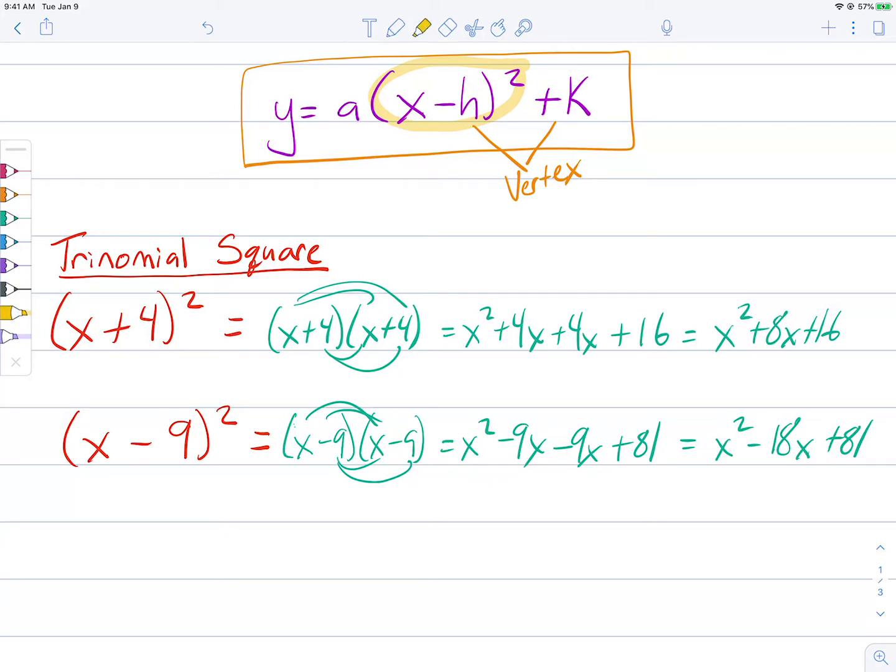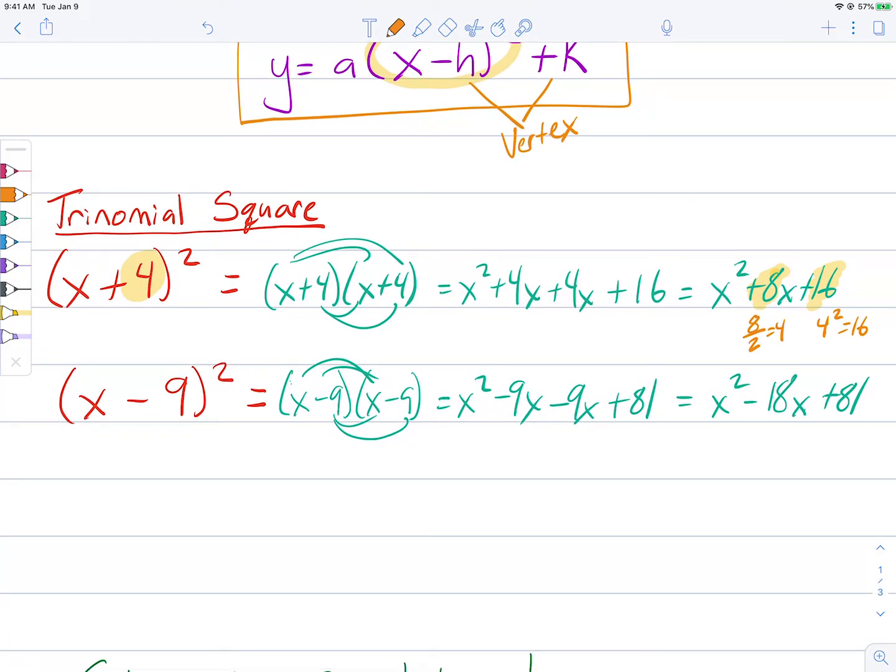So let's see if there's a pattern here. My original number on this first one was a 4. But my two new numbers, when I distributed and collected like terms, are an 8 and a 16. Well, 8 divided by 2 is 4, and 4 squared is 16. So let's see if we can come up with a very similar pattern on the other one.